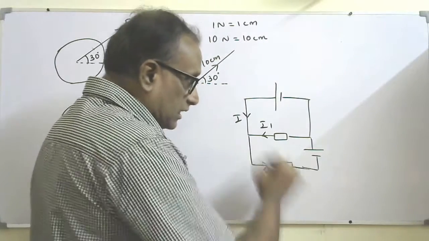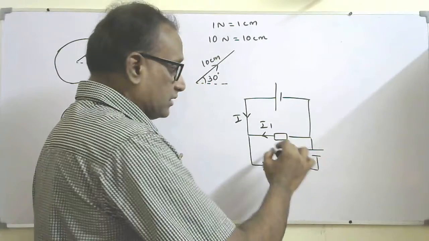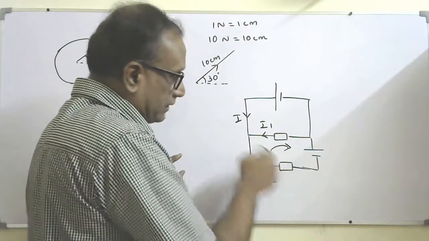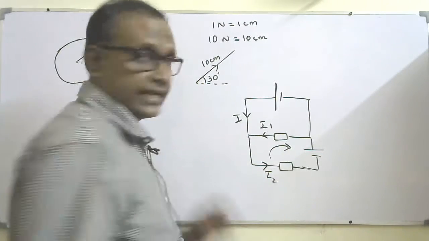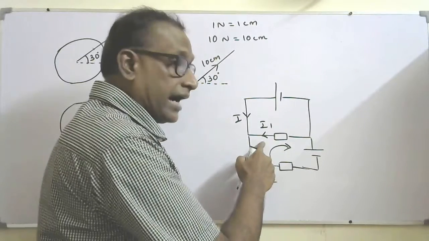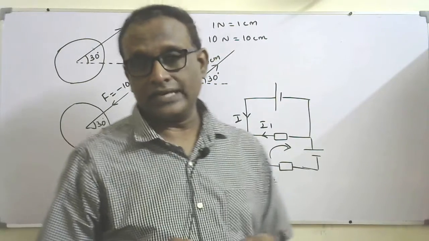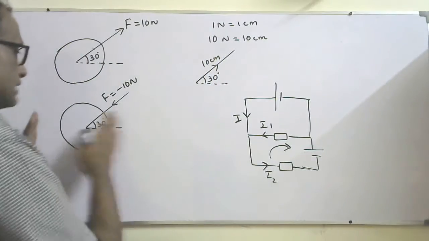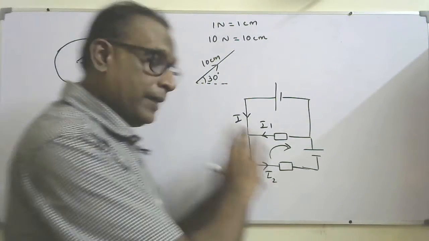When I consider Kirchhoff's second law equation, if the current is to the left but I am taking the clockwise direction, then I will indicate this current I1 with a negative sign.